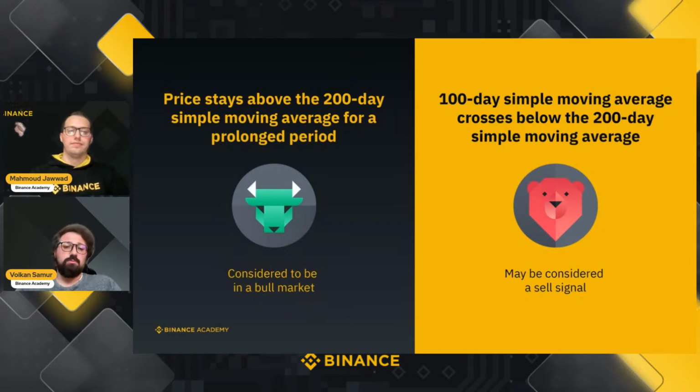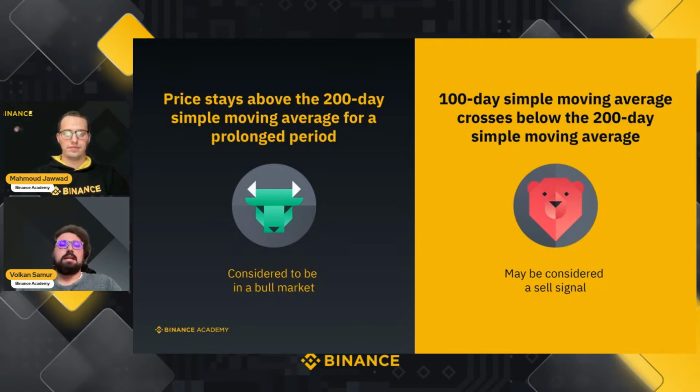Traders may also use moving average crossovers as buy or sell signals. For example, if the 100-day simple moving average crosses below the 200-day simple moving average, it may be considered a sell signal or a death cross.